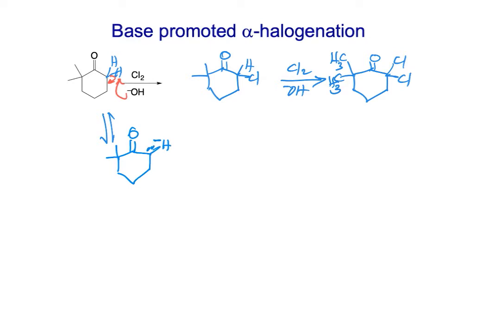And that enolate that's been formed can react with chlorine to give us our monochloro product. Under acidic conditions, the halogen reduced the reactivity of the ketone, so it did not react further. Under basic conditions, we have just the opposite situation.